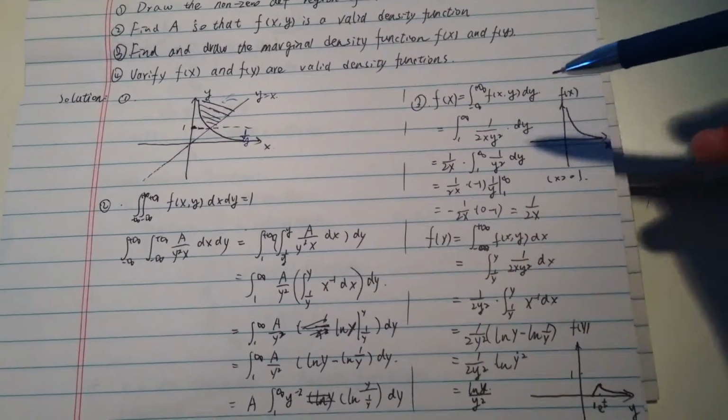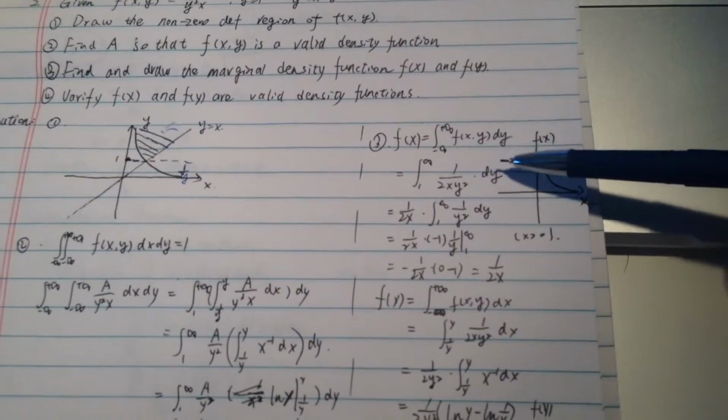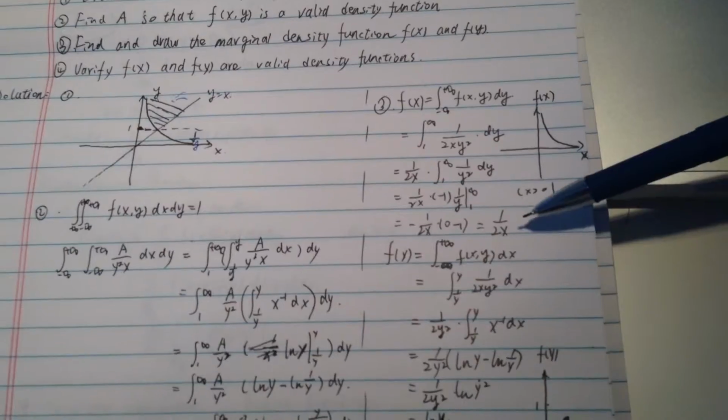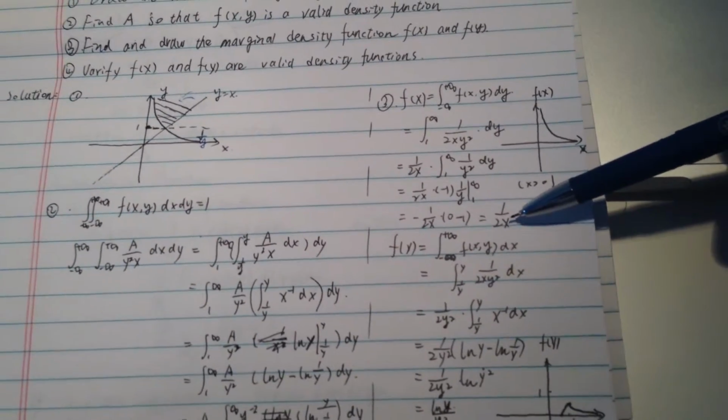It's also simple. Using this integration, we have f_X equals 1 over 2 plus 2 times x.